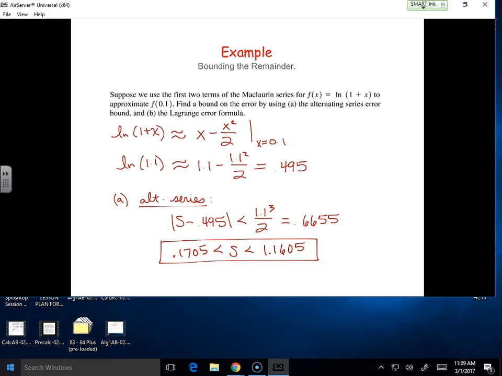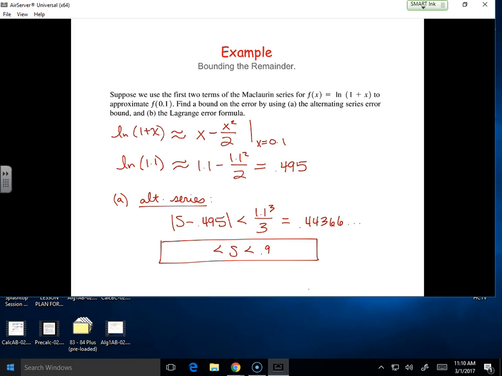Wait, Miss D. Is it supposed to be 1.1 cubed divided by 3? Oh, it is. Thanks, Ken. I was just adding the same thing. This is the next term. So it's 0.443666667, and then it's going to be 0.93866.